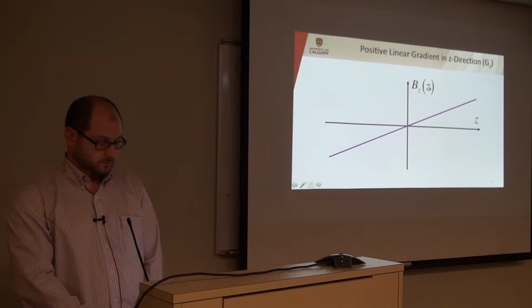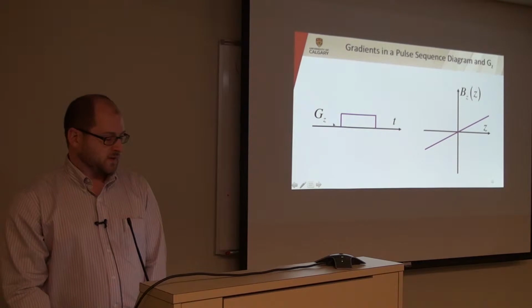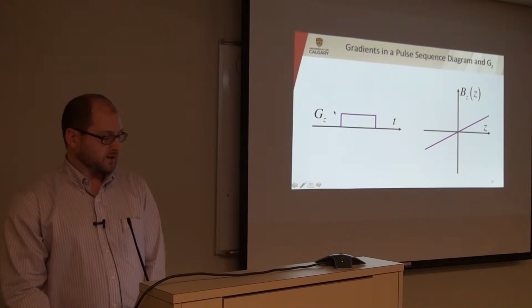Okay, so what that would look like, or just a graphical representation of this, some of you may have seen pulse sequence diagrams that have these gradient waveforms on them. So this is just typically what it looks like. In this case we're talking about a gradient in the z direction. It would just be some positive value that looks like this.